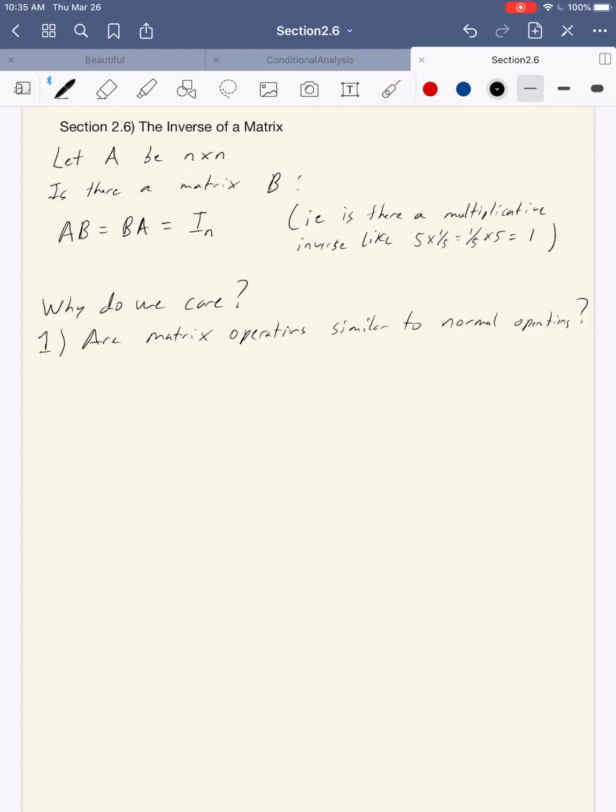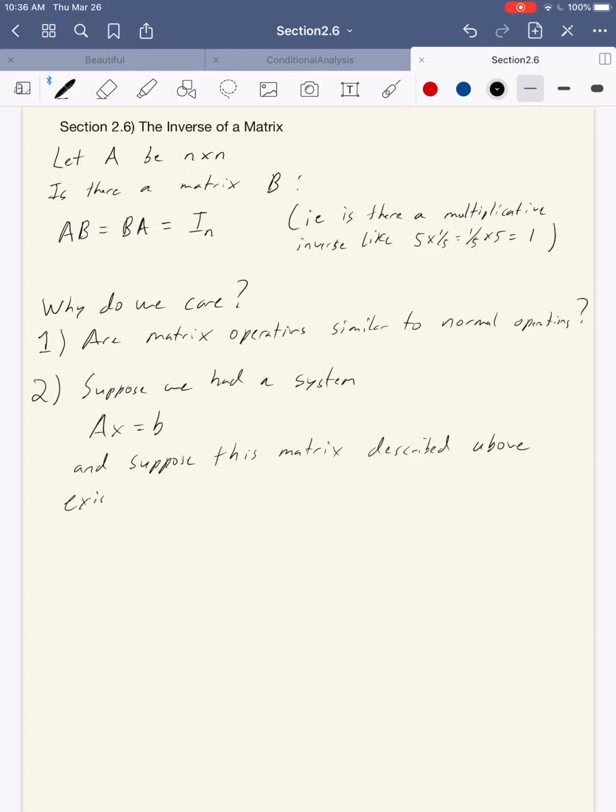The second reason why we care is going back to solving systems of equations. So let's suppose we had a system AX equals B. And let's suppose this matrix described above exists.